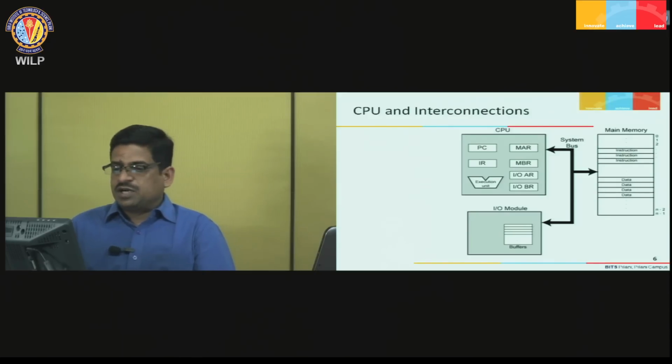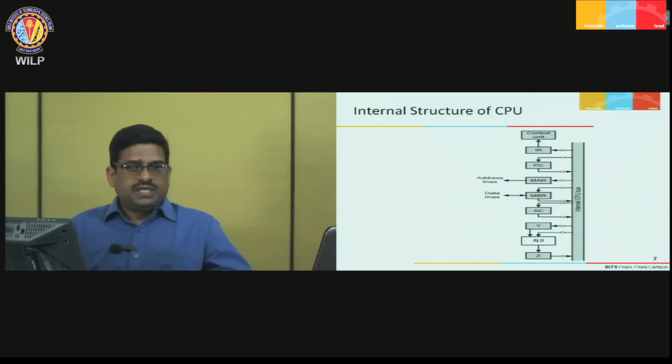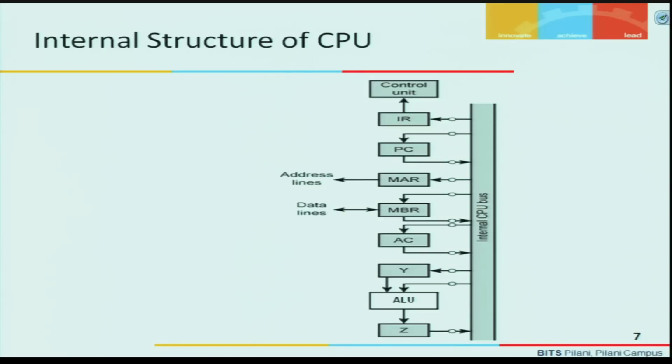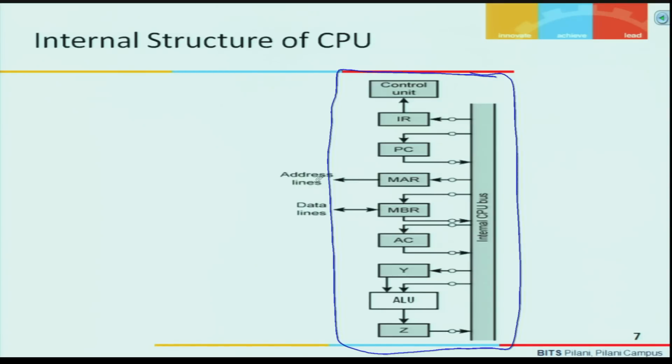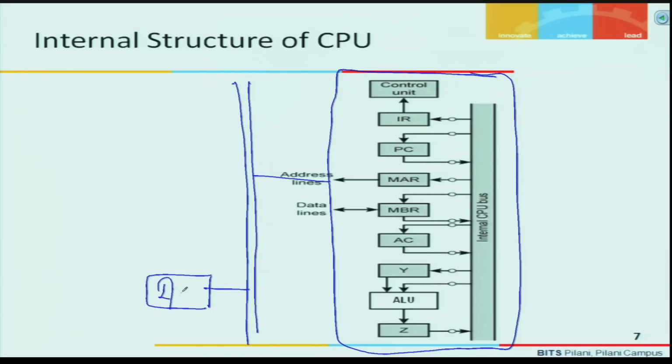Internal connection has not been shown here. So to see that, this is the picture inside the processor. If you want to see the complete picture, this is inside the processor, and outside you have, let us say, one system bus, and with the system bus IO modules and IO devices, which I am representing with a single box.